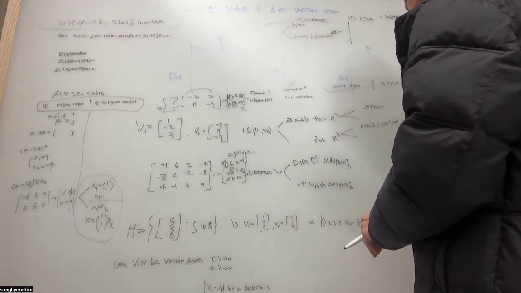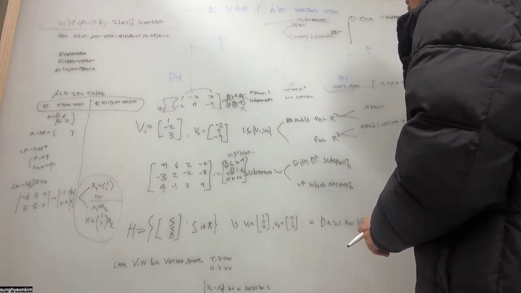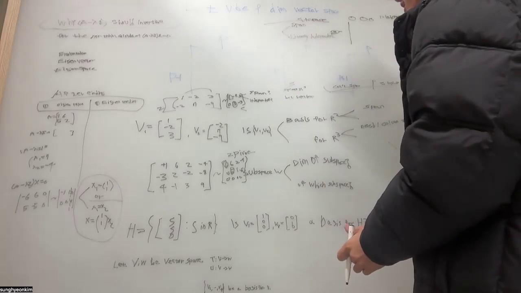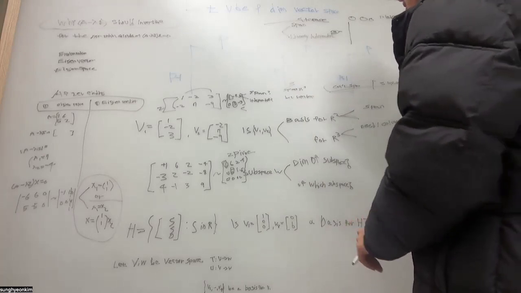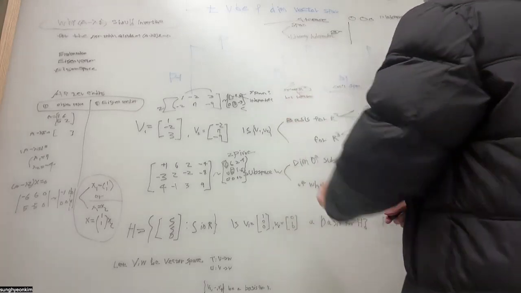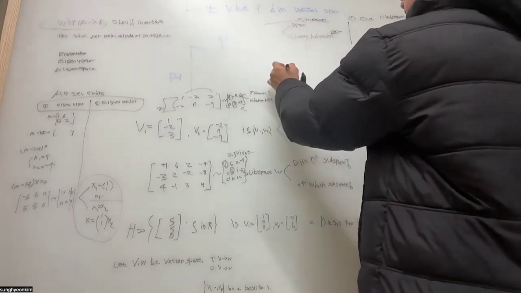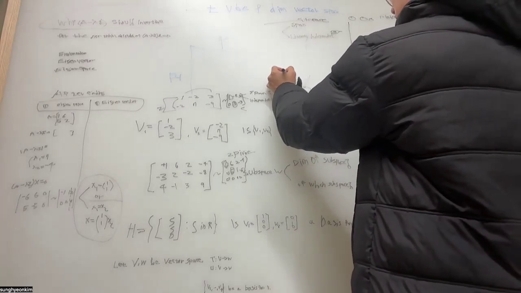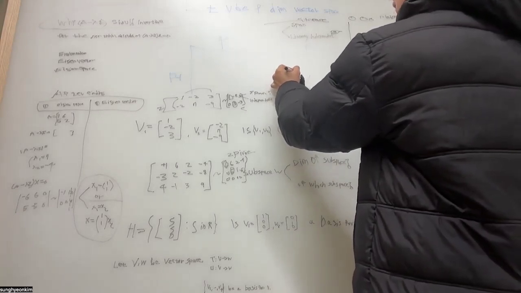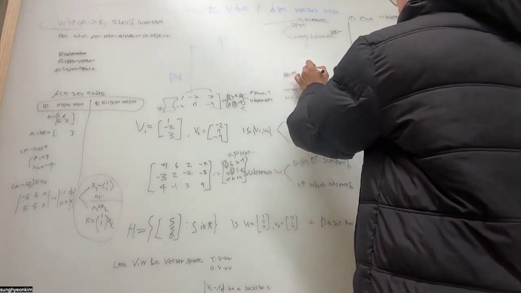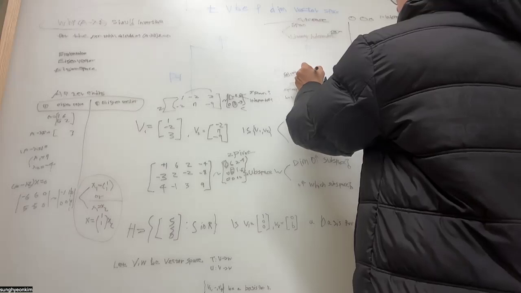So it can't span R3. Asking about R3 is questionable. Is it asking about columns or is it asking about rows?